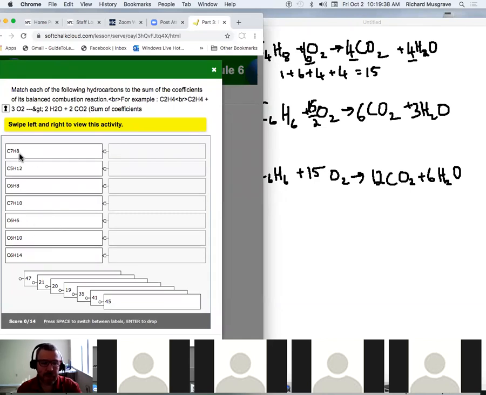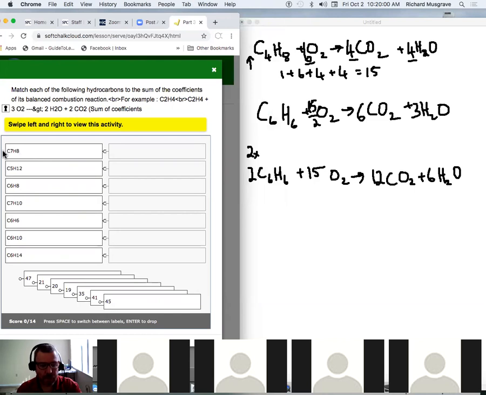All right, so look at C7H8. What do you think? Do you think you have to multiply it by 2 or not, once you balance it? Any thoughts? Nobody has any thoughts?